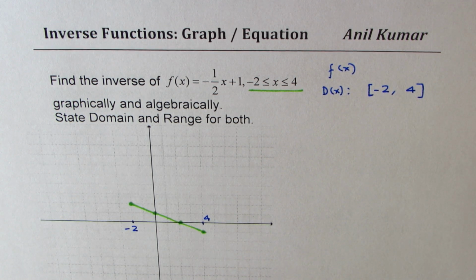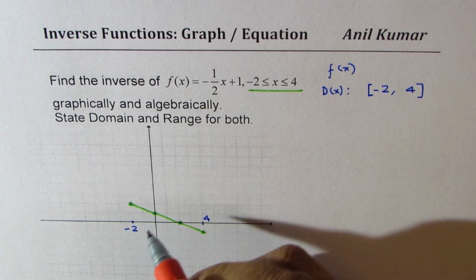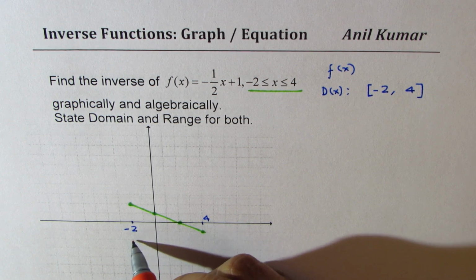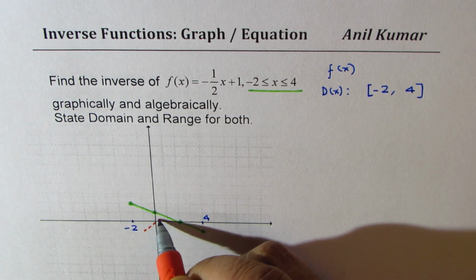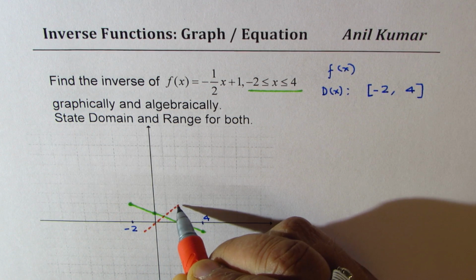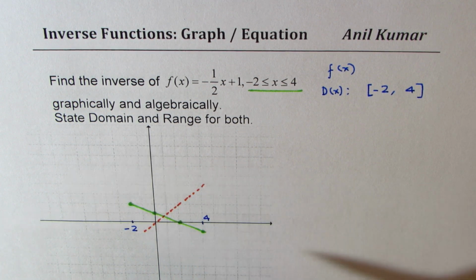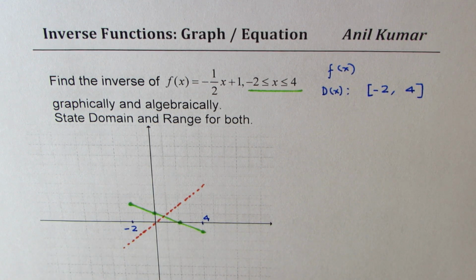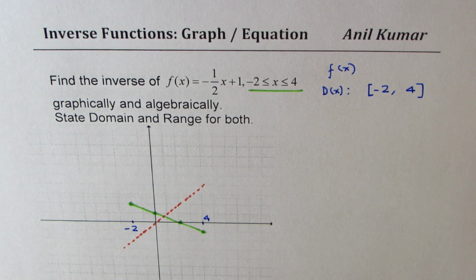To get the inverse graphically, we need to reflect this on the line y equals x. So y equals x is a line which is being drawn here. The graph is not very clear, but I hope you can make sense out of it. Now that is the line y equals x.